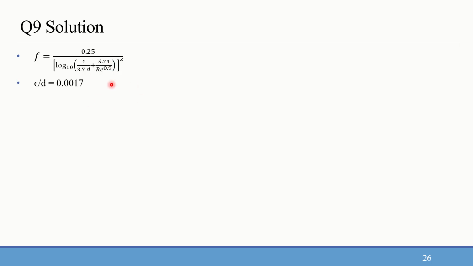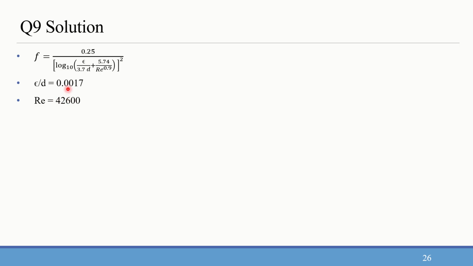So now epsilon by d is 0.0017 because we calculated the roughness ratio in the previous problem itself, which was the ratio between 0.00026 divided by 0.15. So it is 0.00173, and Re is 42,600.